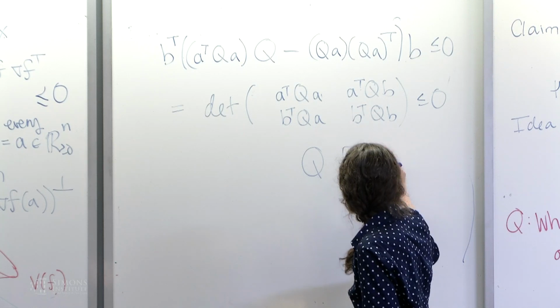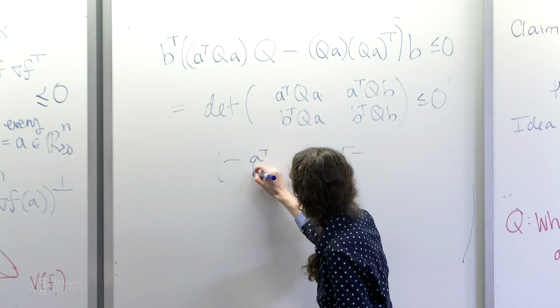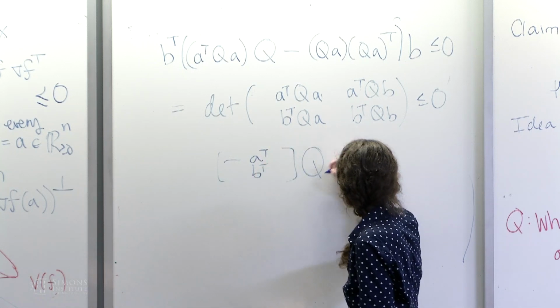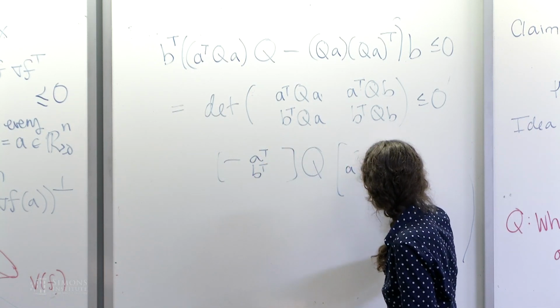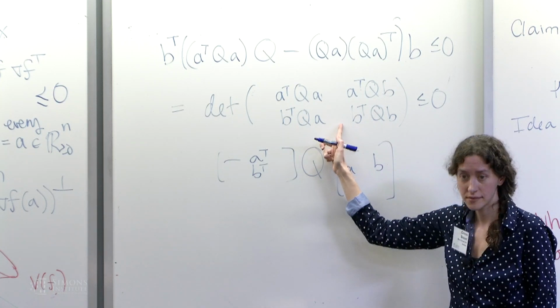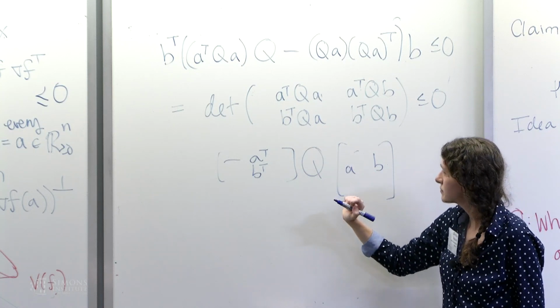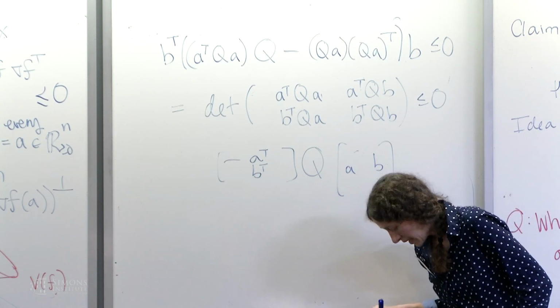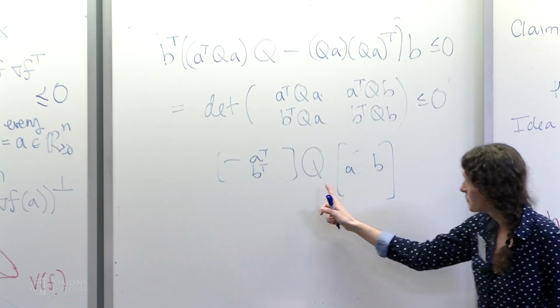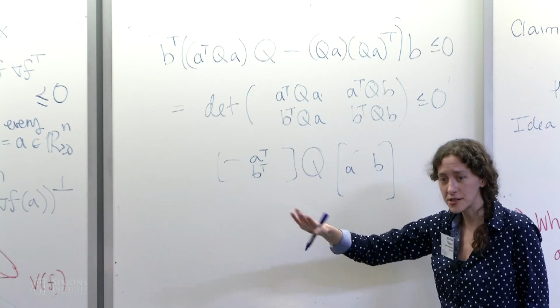This is restricting it to a two-dimensional linear space. So I restrict Q, the quadratic form Q, to any two-dimensional linear space.